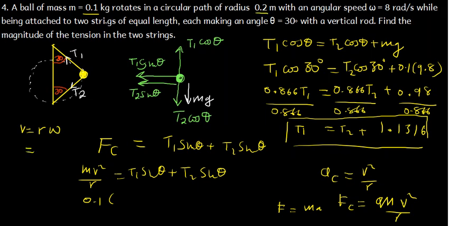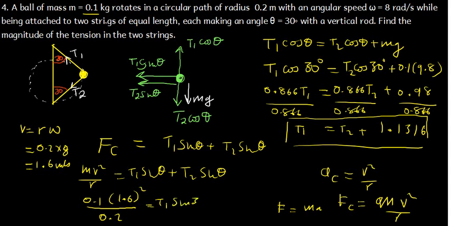The radius is 0.2, so that is going to be 0.2 multiplied by 8, which gives us 1.6 meters per second. So that will be 1.6 squared divided by the radius, 0.2, and that should be equal to T1 sin 30 plus T2 sin 30.